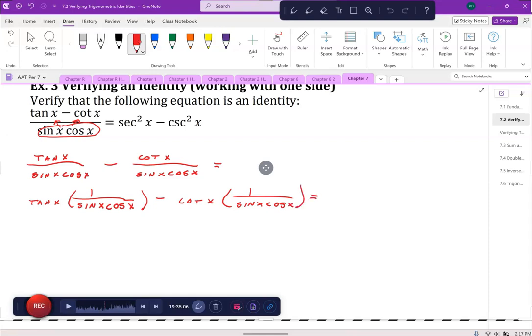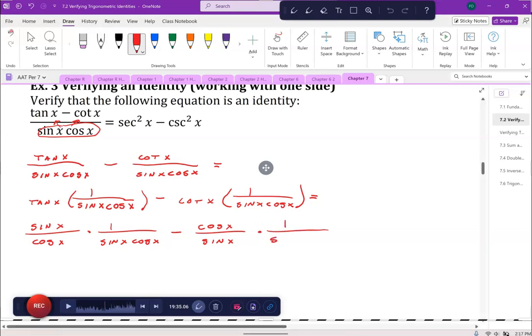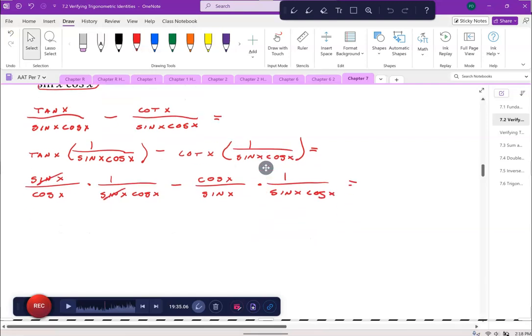And so if I change tangent to sine x over cosine x times 1 over sine x cosine x minus, this is really cosine x over sine x because it's a reciprocal, times 1 over sine x cosine x. And we multiply, the signs cancel out.